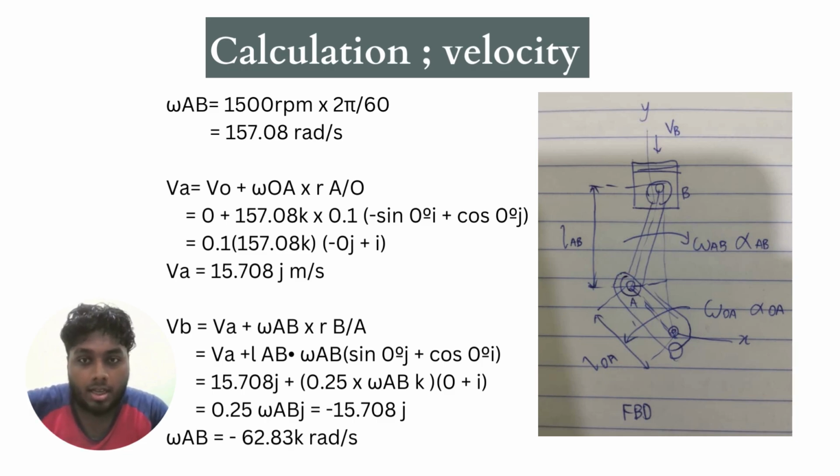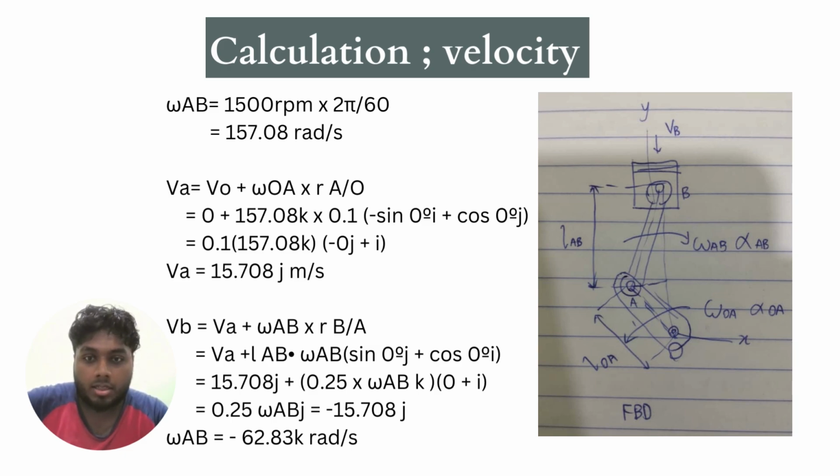So VA plus the length of AB times angular velocity times (sin 0 j plus cos 0 i). By calculating it, we get 15.708j plus 0.25, the length of AB, times angular velocity k times (0 plus i), and once we calculate it, we get negative 15.708j.